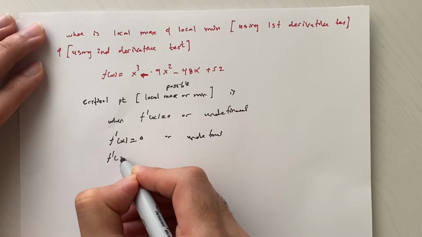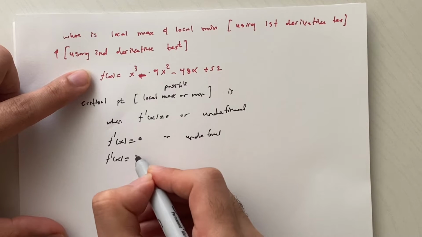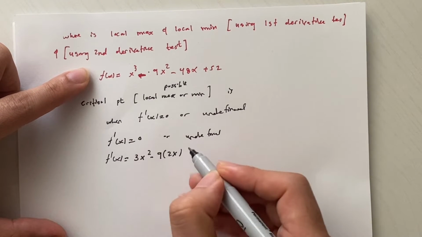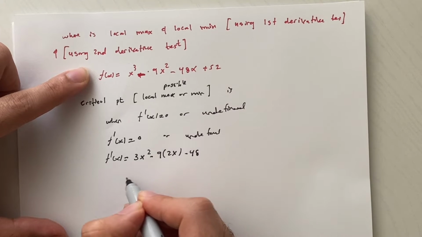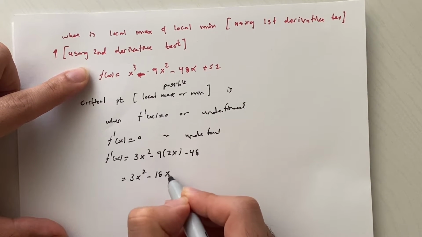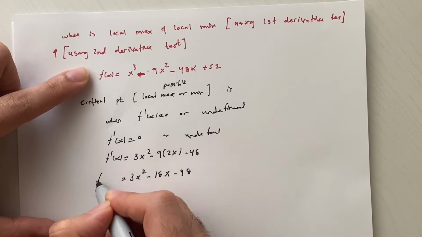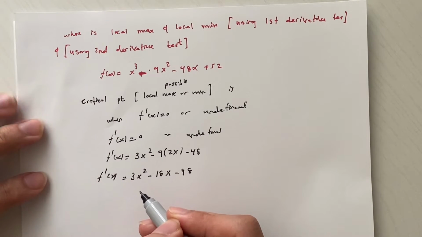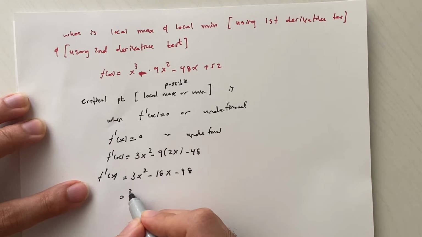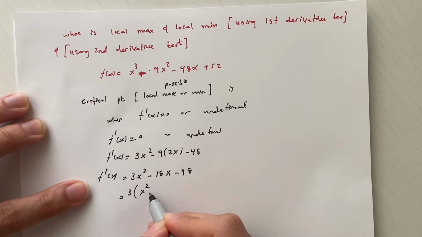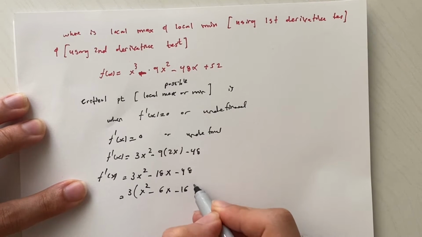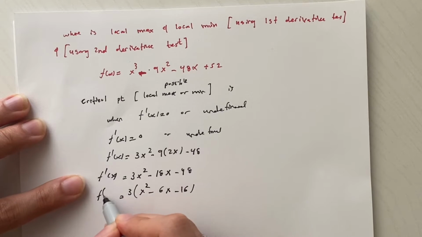A critical point is where the first derivative is equal to 0 or where it is undefined. So here I'm taking the derivative first. Now this is our derivative, just using the power rule. Now I'm going to factor the 3 out and I'm left with x squared minus 6x minus 16.